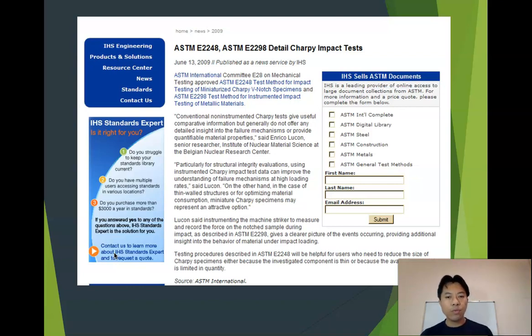ASTM standards can also be referred to for drop tests if you are dealing with packaging of spare parts for ships. And also during your operation with ships, definitely you're going to deal with vibration, so you need to refer to vibration standards in order to create reports and troubleshoot.